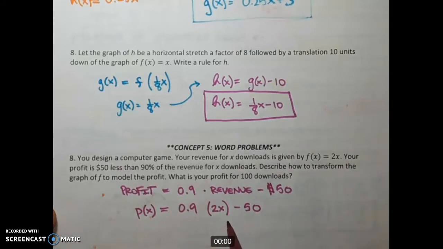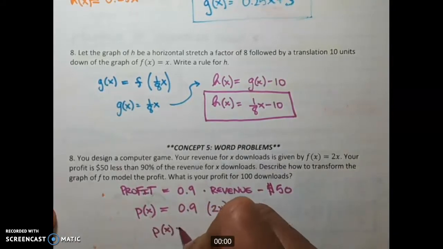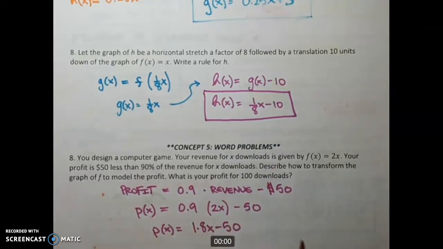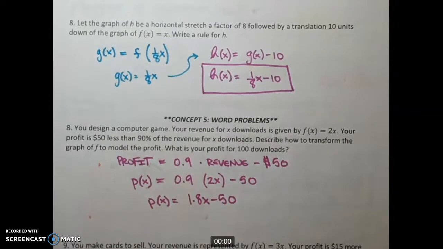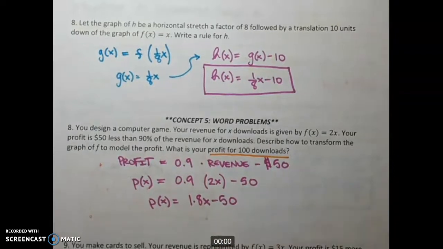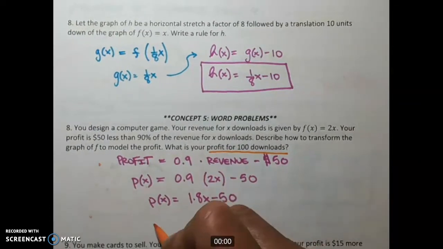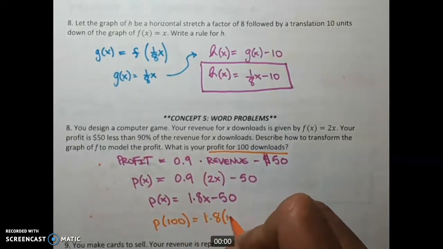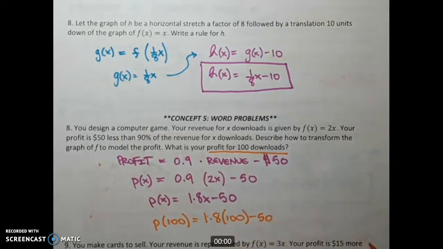Continue on to simplify. P of x equals 0.9 times 2x, and that's 1.8x minus 50, and I have a linear function here. But my next process is this: I'm going to find out what is the profit for 100 downloads. So P of 100 equals 1.8 times 100 minus 50. When I multiply by 100, I move my decimal 2 places over.